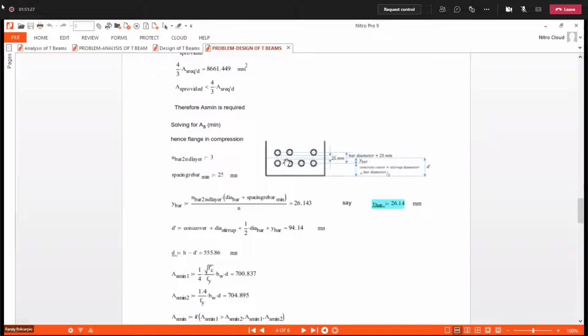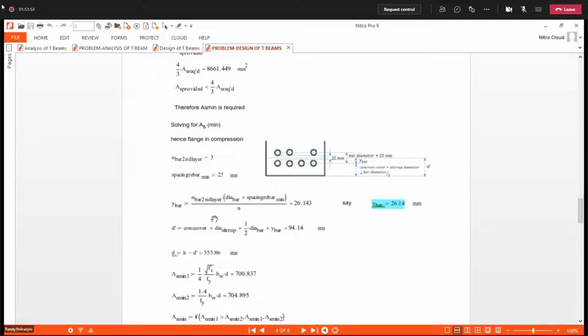Kukunin natin yung centroid ng group of bar dahil gagamitin natin yung effective cover para makuha natin yung effective depth. And remember, the effective cover here is measured from the center of the group of bar up to the bottom side of the beam. So that's why here, itong part na to, kinuha natin yung Y bar.